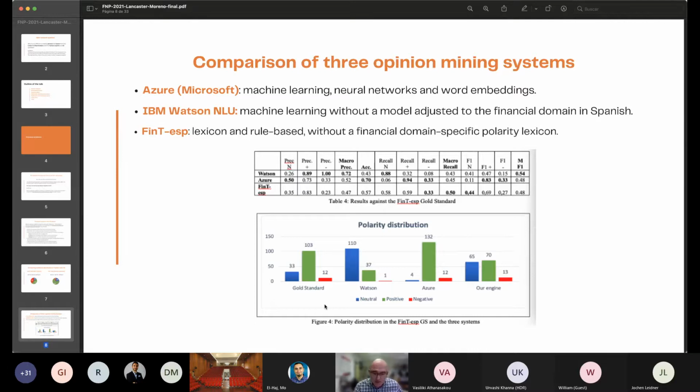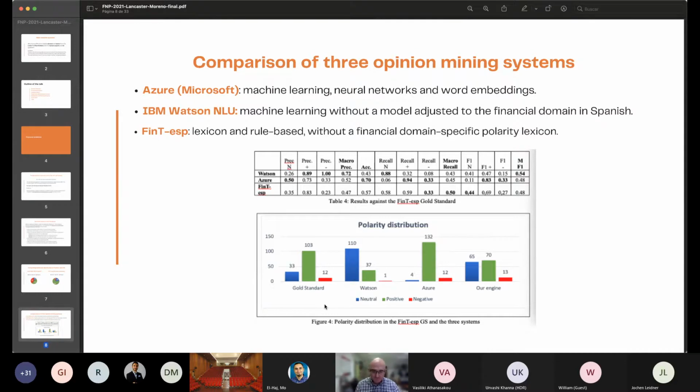You can see here to the left the gold standard, and you can also observe the performance of the three systems.